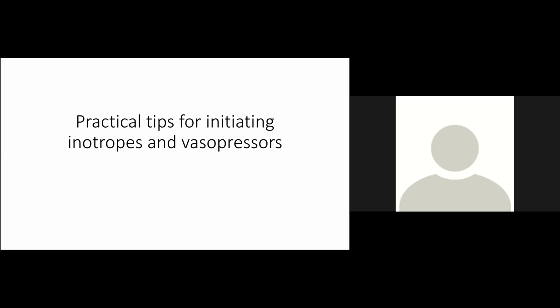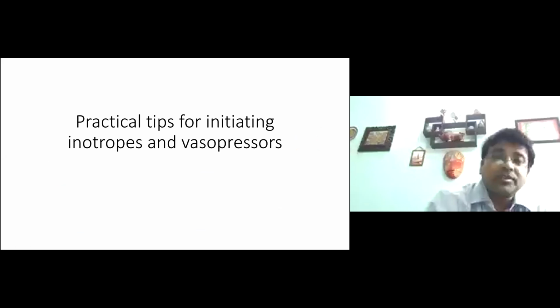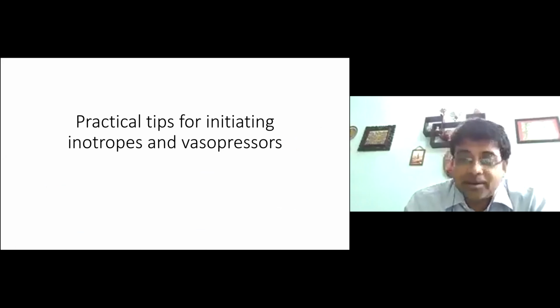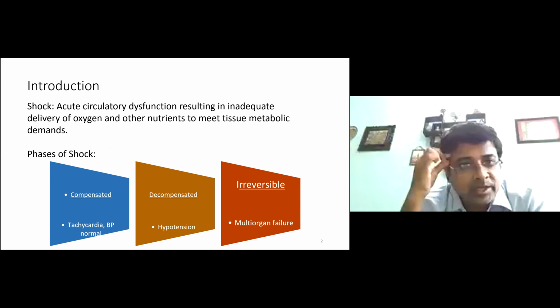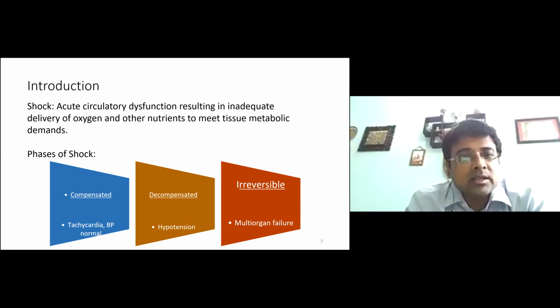Yes. Okay. Good evening. Practical tips for initiating inotropic vasoactive agents. We are discussing shock, and as you know, shock is an acute circulatory dysfunction where delivery of oxygen is limited, and thereby the nutrients and metabolic demands are also unmet. There are three phases. The first phase is compensated shock, which is tachycardia but normal blood pressure.